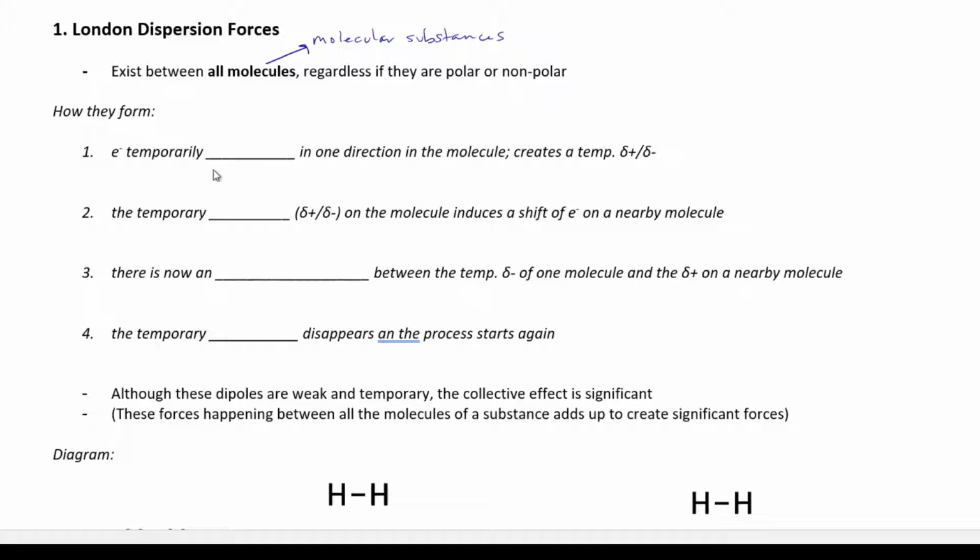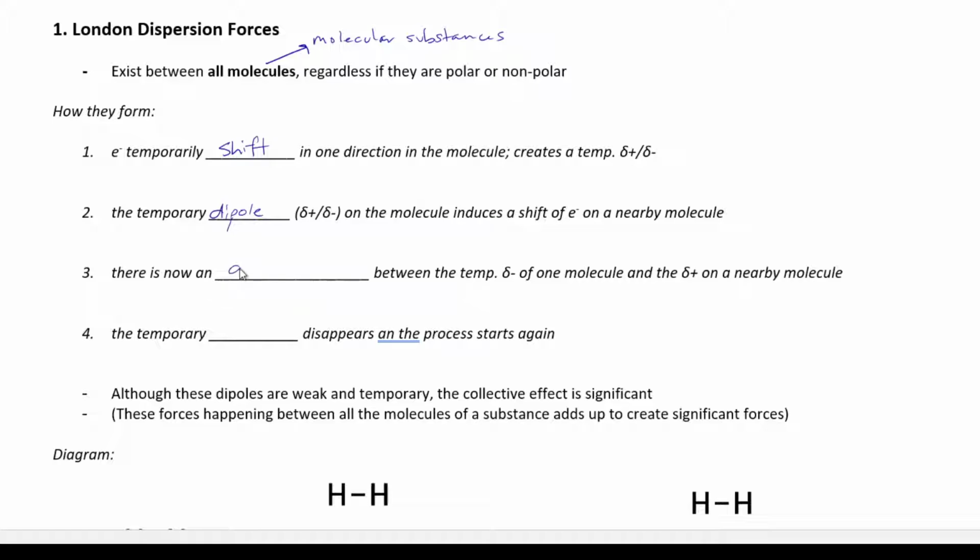And how they form is that the electrons temporarily shift in one direction. So the electrons in the atoms shift in one direction, and this creates a temporary delta positive, delta negative. This temporary dipole, di meaning two, poles like positive and negative, on the molecule induces a shift of electrons on a nearby molecule.